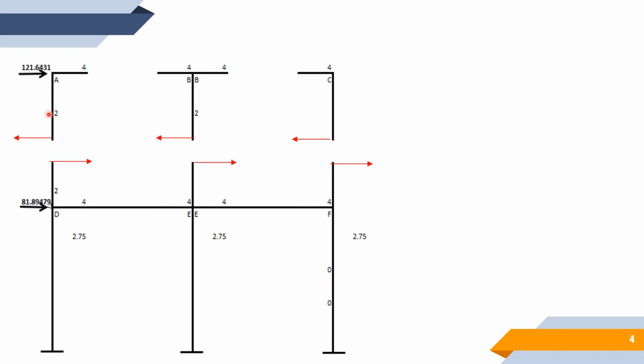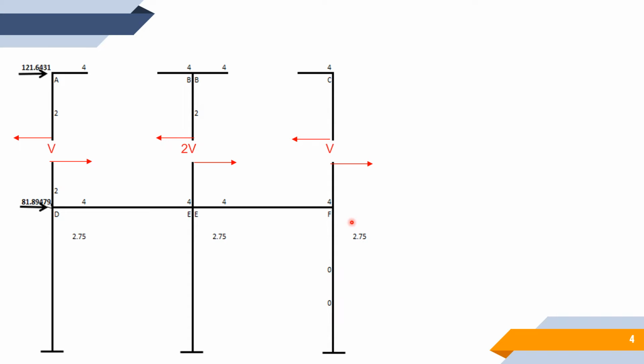Originally, they were continuous, but if you cut through the midspan, you throw it to the other side to counteract. And in the assumption of the portal method, the shear resisted by the interior column of the frame will be twice the shear resisted by the exterior column.